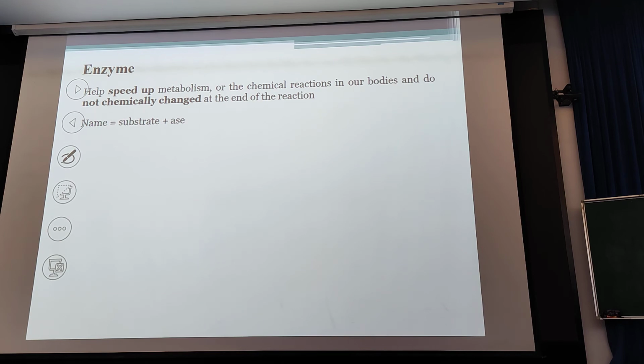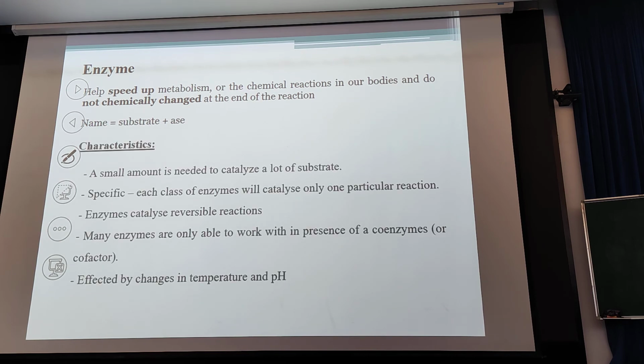The name of an enzyme is the substrate plus -ase. So it is named by taking its substrate and adding the suffix -ase. For example, protease is the enzyme that catalyzes proteins, right?